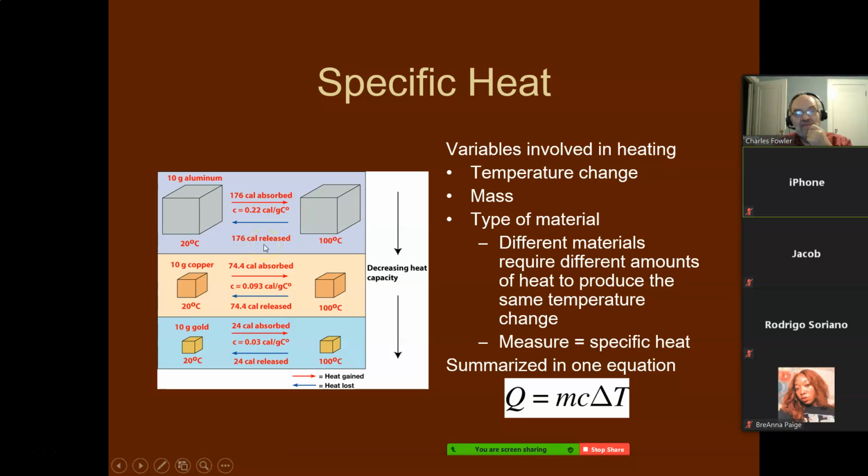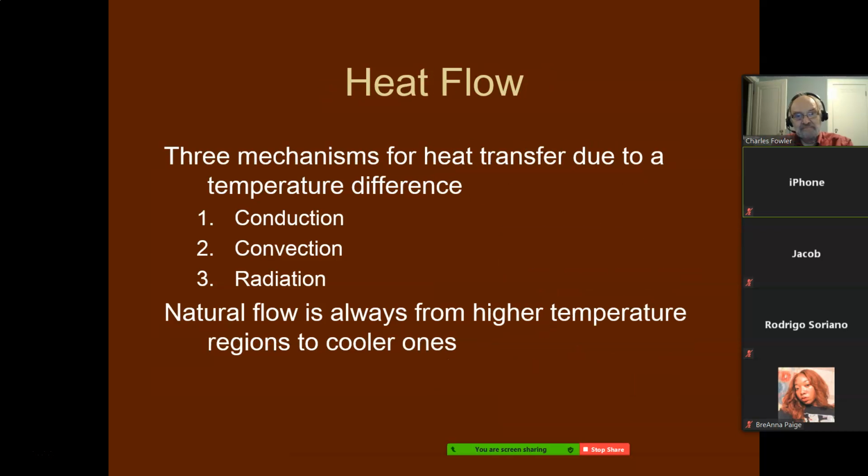So that relates to how much heat it takes a given material to change its temperature. Specific heat.